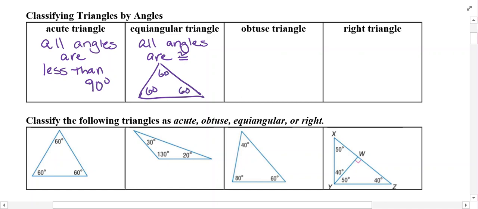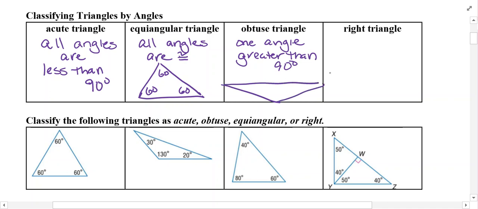Obtuse triangle: one angle greater than 90 degrees. Right triangle: one 90-degree angle.